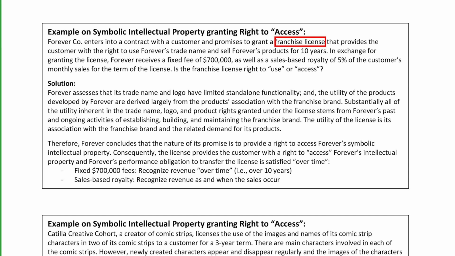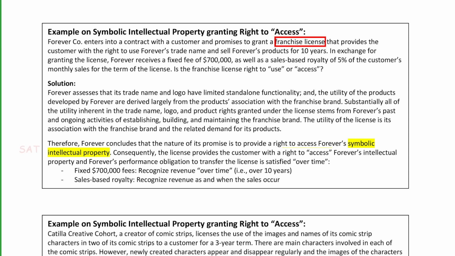Substantially all of the utility inherent in the trade name, logo, and product rights granted under the license stems from Forever's past and ongoing activities of establishing, building, and maintaining the franchise brand. The utility of the license is its association with the franchise brand and the related demand for its products. Therefore, Forever concludes that this is a symbolic intellectual property.